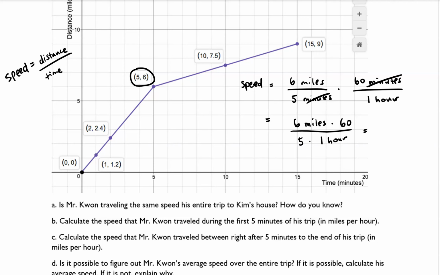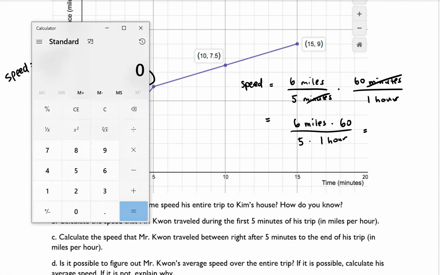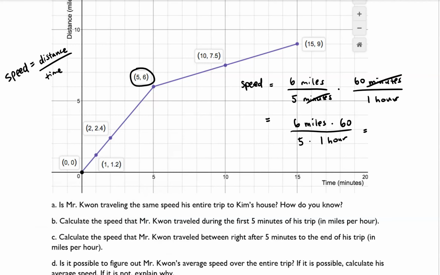And if I do that, let's see, my handy dandy calculator. So I have 6 times 60, so that's 360, and then I want to divide that by 5. So that means that I am traveling 72 miles per hour.